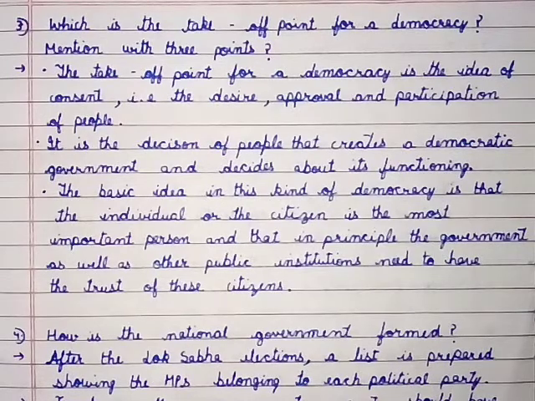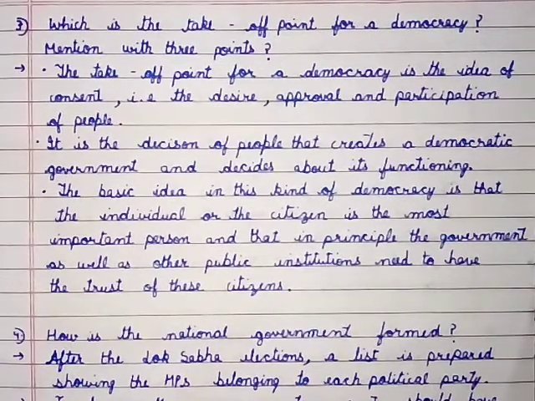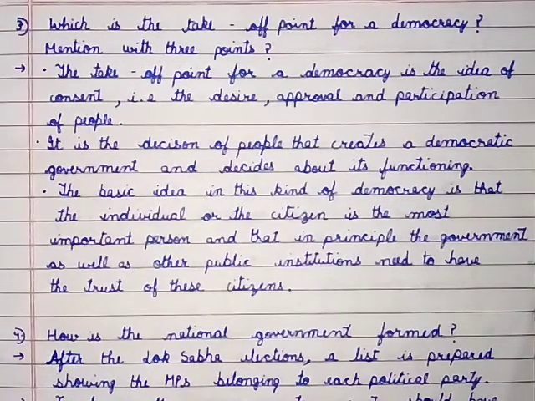The basic idea in this kind of democracy is that the individual or the citizen is the most important person, and that in principle the government as well as other public institutions need to have the trust of these citizens.